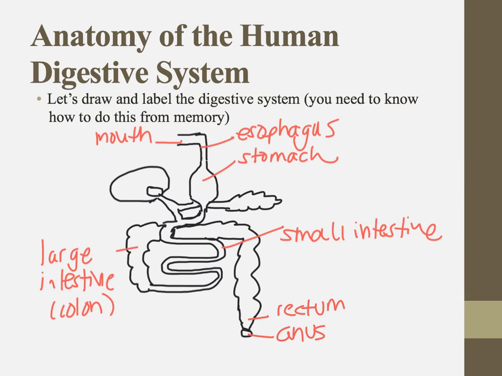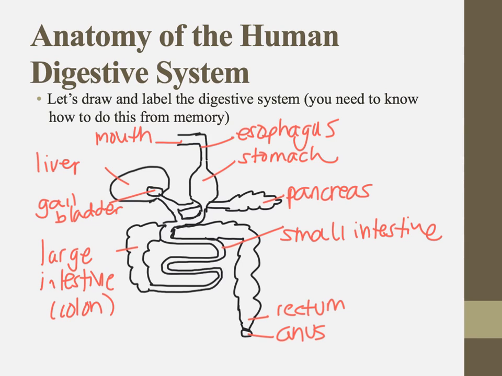Of course, we then have the pancreas and the gallbladder, which both empty into the small intestine via the common bile duct, and this is your liver.